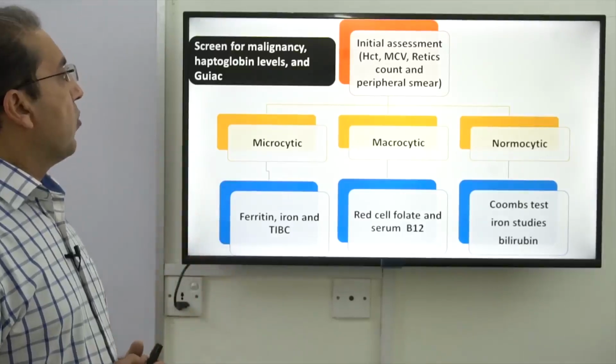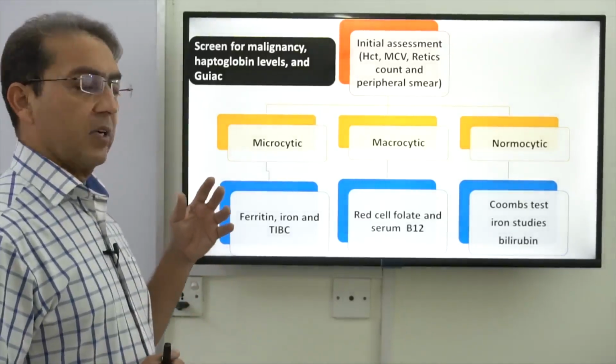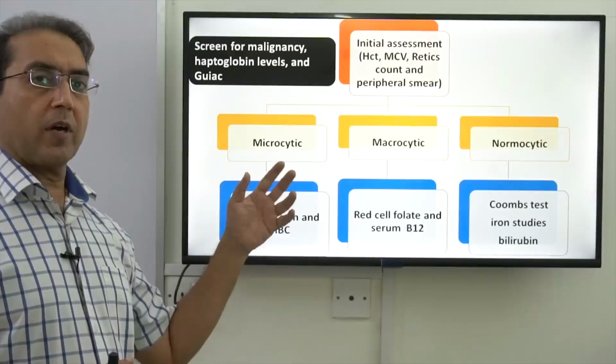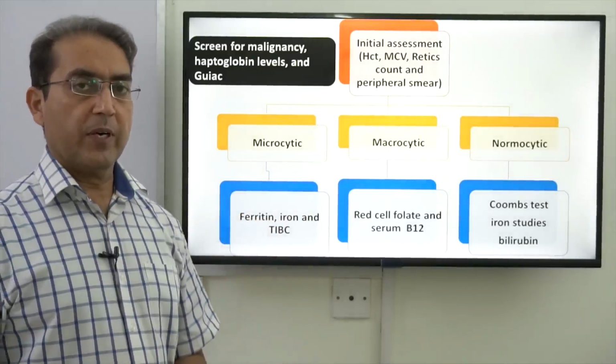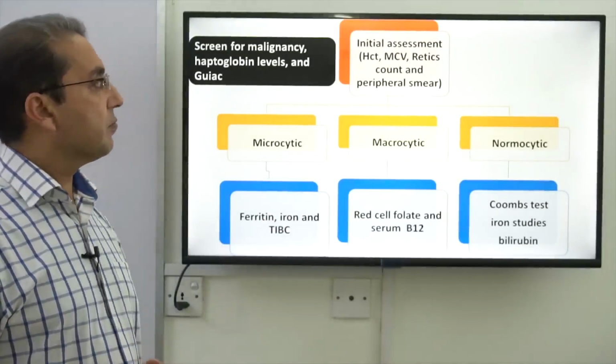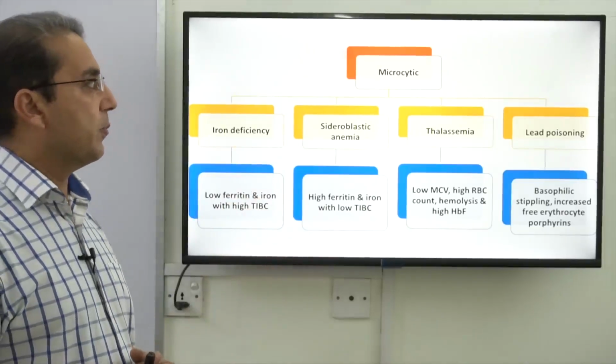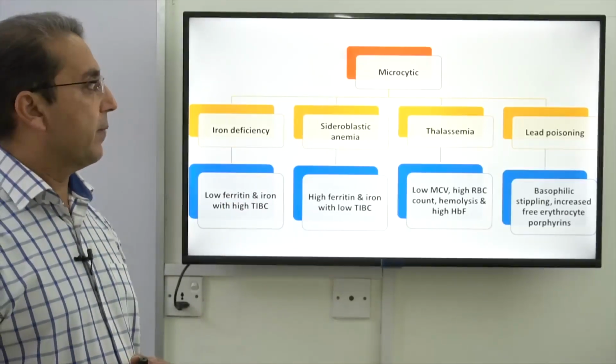Also screen for malignancy, and haptoglobin level to look for the presence of hemolysis, and the stool guaiac for the presence of bleeding from the GI tract. For example, a malignancy in the colon may be bleeding slowly and producing iron deficiency anemia.